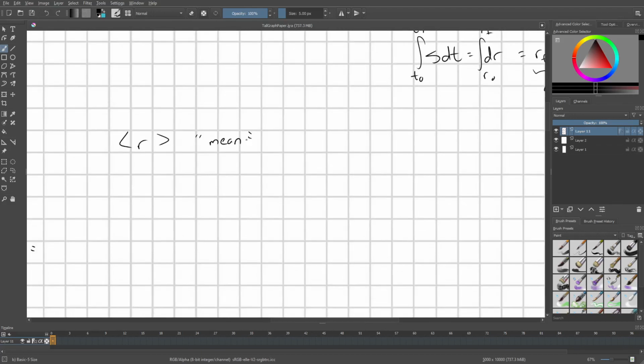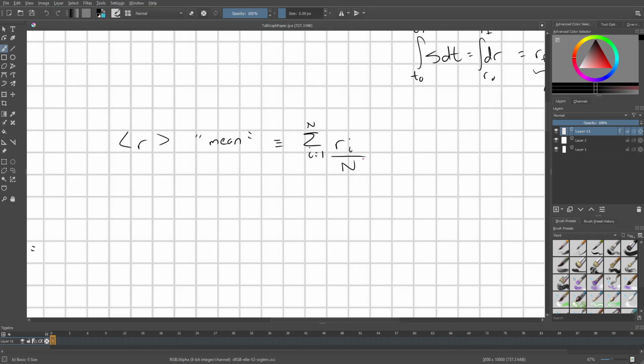Whenever I talk about this, I'm saying that this is defined as summing up all of my data points and then dividing by the number of data points.